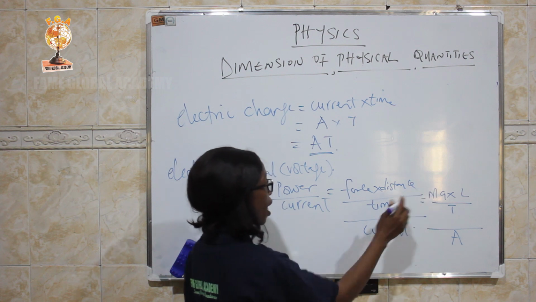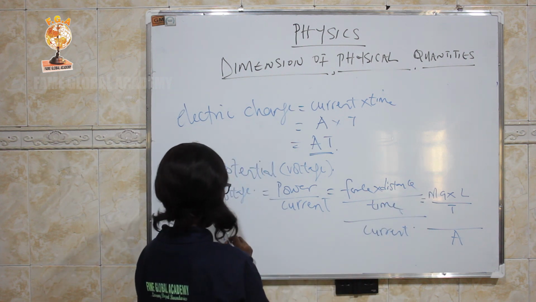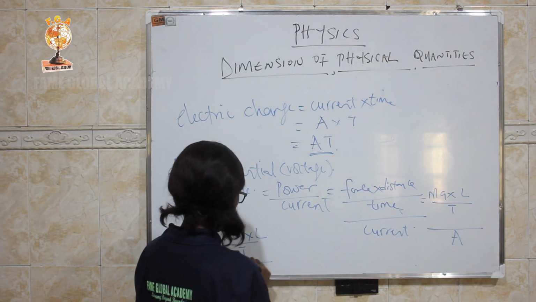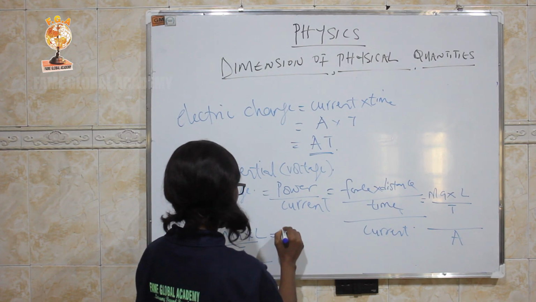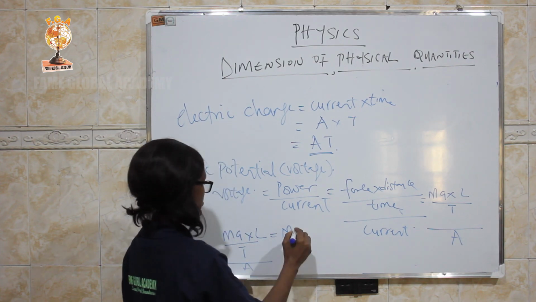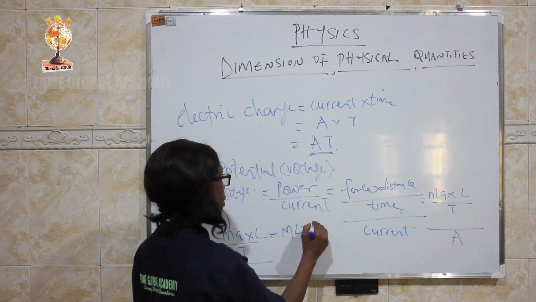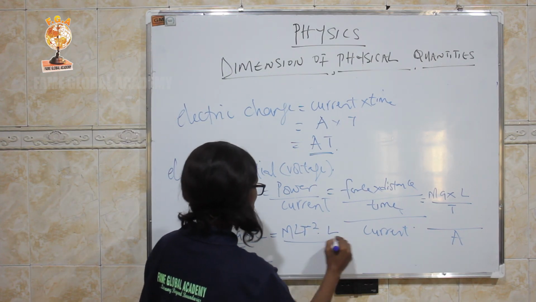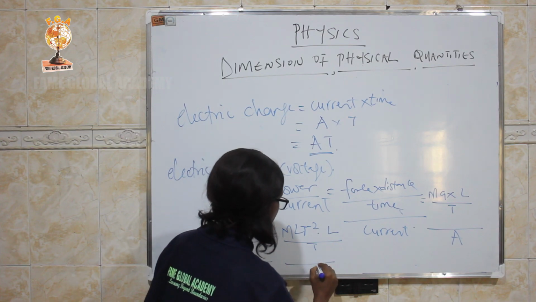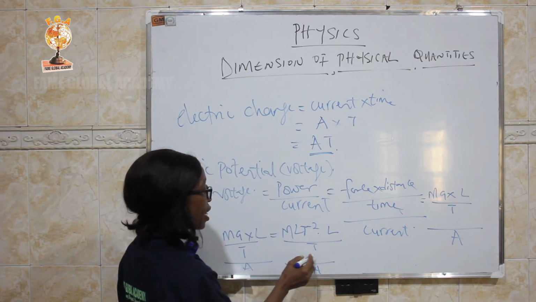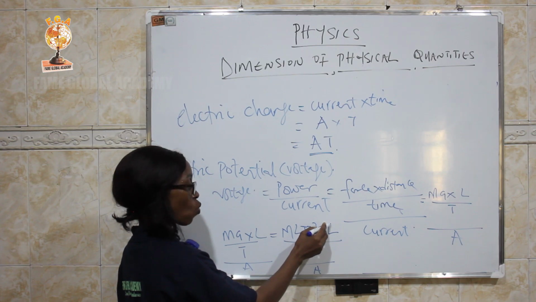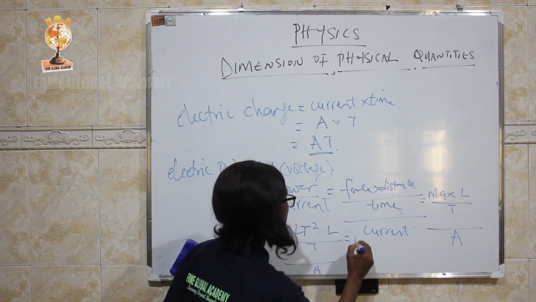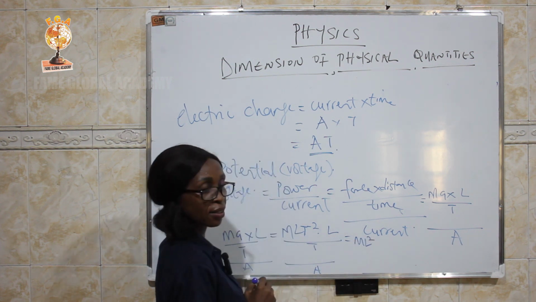So MA times L over T all over A. M should remain as M. A is now LT minus 2 times L all over T all over A. Remember, L here is 1 and L here is 1, so L becomes 2, ML squared.